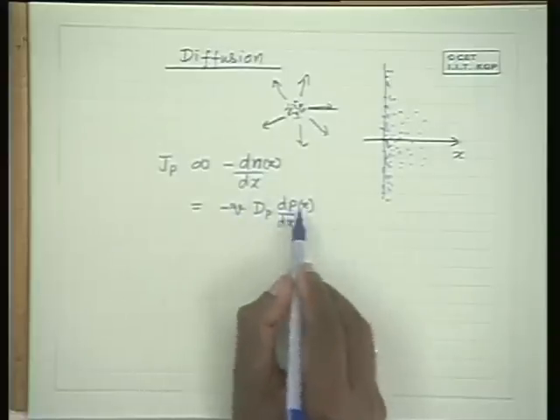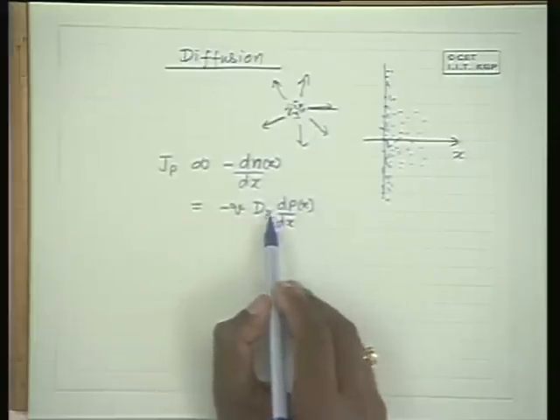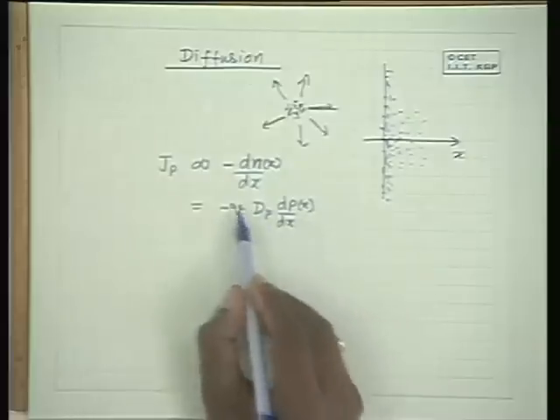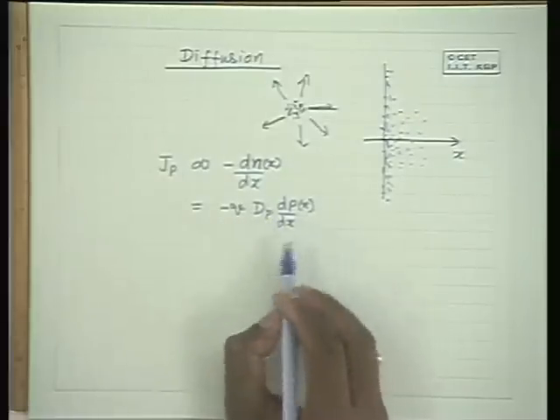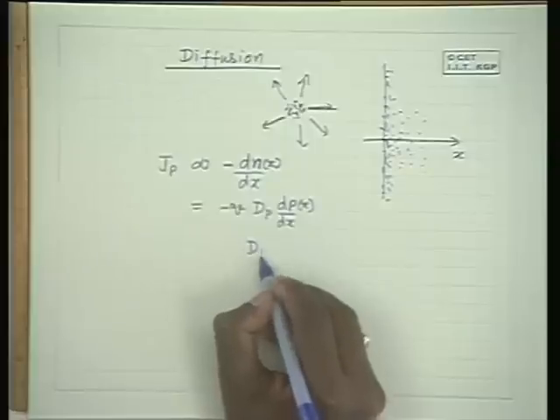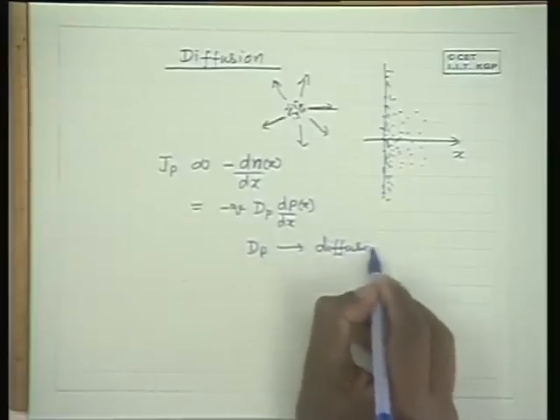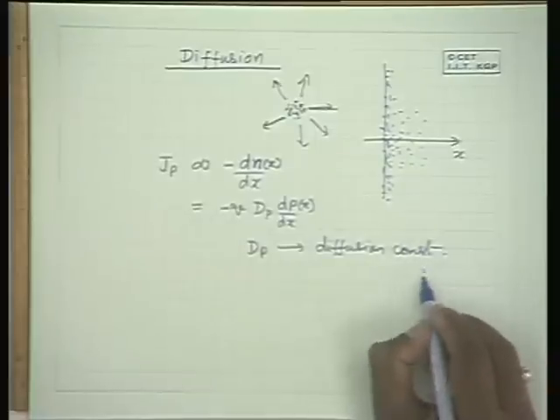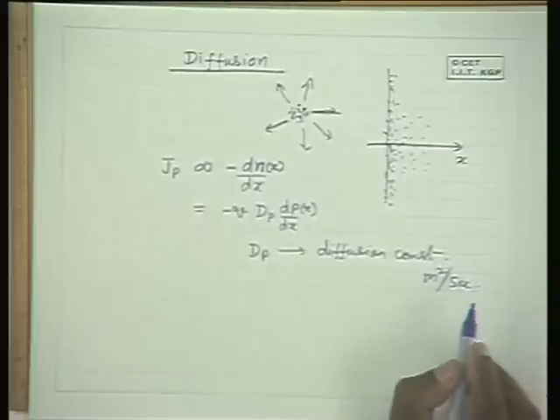So naturally the number that is getting diffused is proportional to the gradient, the charge that is getting diffused is q times that, and the proportionality constant D_p is known as the diffusion constant. This is measured in meter square per second.